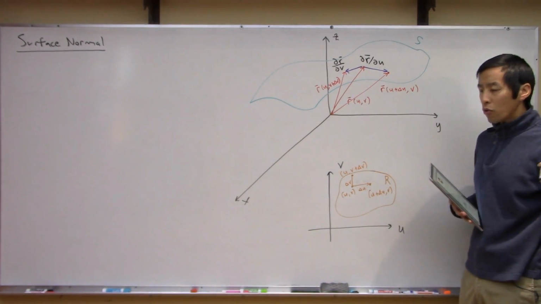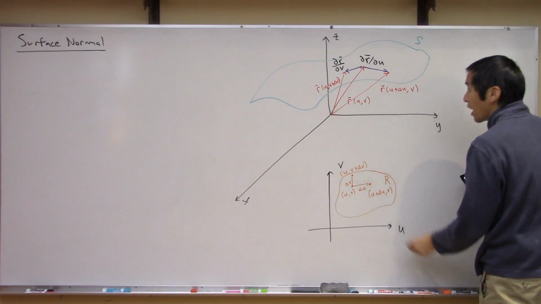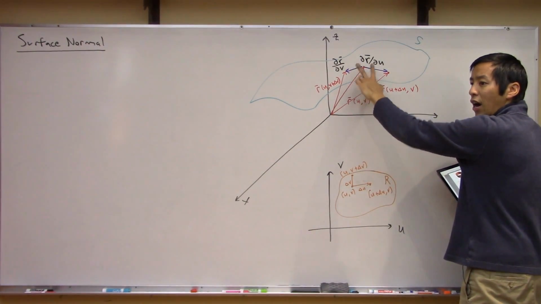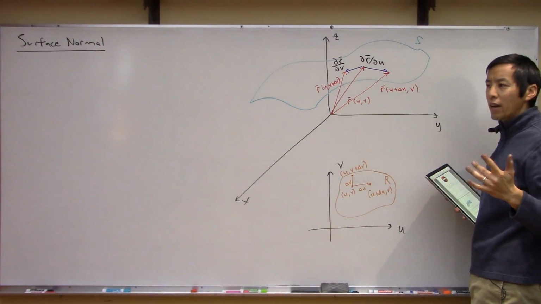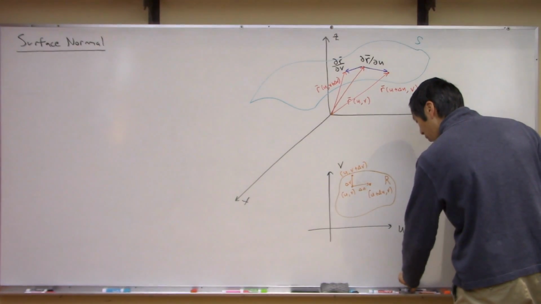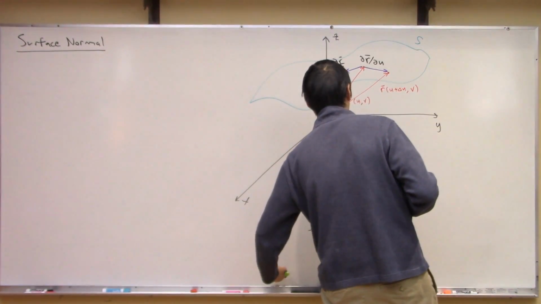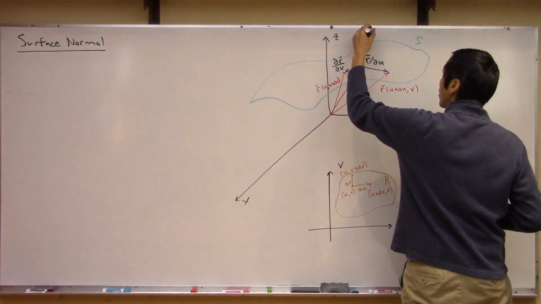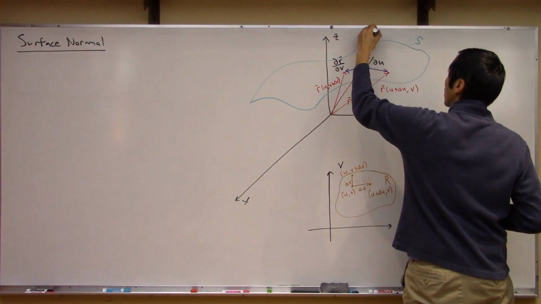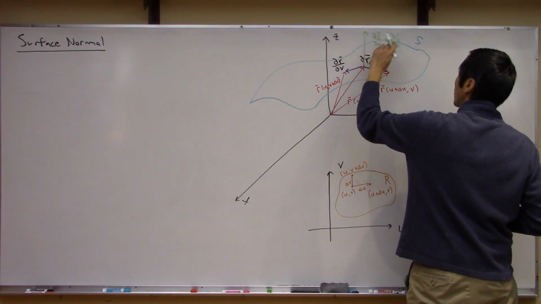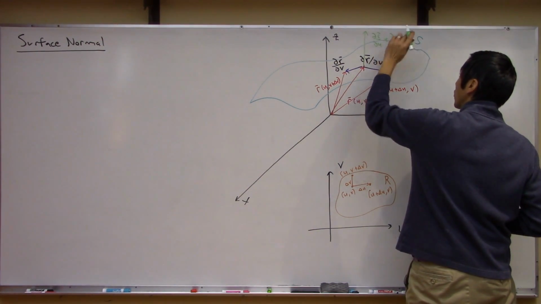Now here's the interesting part. If I have two tangent lines to a surface and I want the normal of that, all I need to do is take the cross product of these two, and we end up with another vector. Let's do this in a third color. This vector is dr/du crossed with dr/dv.